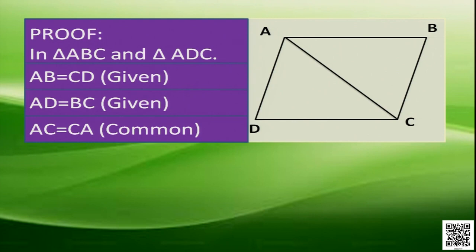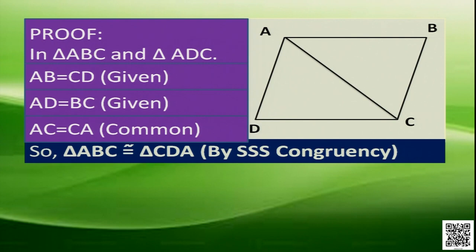Now, here three corresponding sides of two triangles are equal. So, triangle ABC is congruent to triangle CDA by SSS congruency.